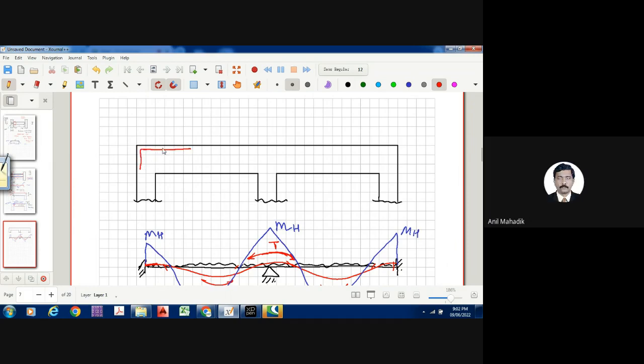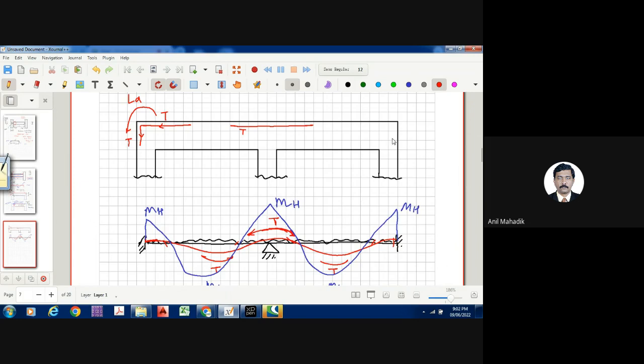So this tension reinforcement will be developed like this. Now here I have to resist this, so here I will provide this tension reinforcement. This tension reinforcement will take the tension here. Again here same, from here to here. At the bottom, I will provide tension reinforcement here, at the bottom here.